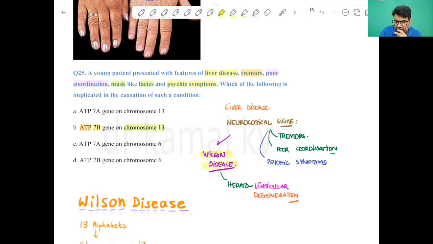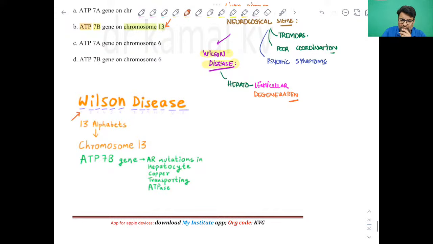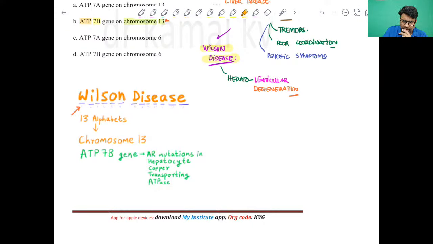This is the classical presentation, and this is the gene mutation, ATP7B on chromosome number 13. Some people count the number of letters in Wilson disease and say that it is 13, so you can remember that it is chromosome 13, but this is the ATP7B gene on chromosome number 13, right?